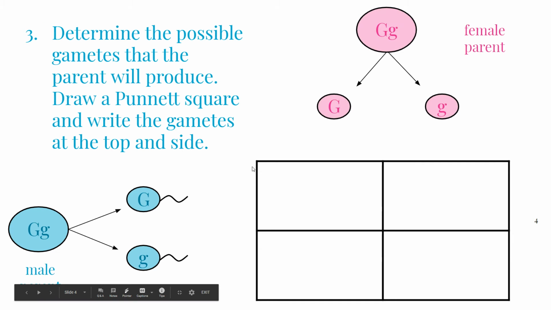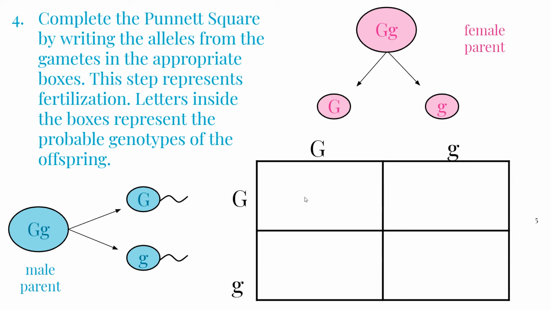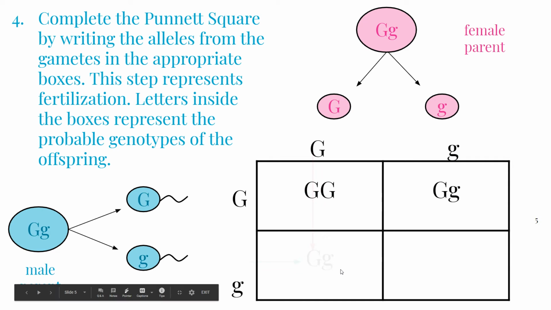We cross this just like any other square. The first square would be big G, big G. Then the next square would be big G, little g. Then we would have little g, big G, and little g, little g. That would complete your Punnett square.